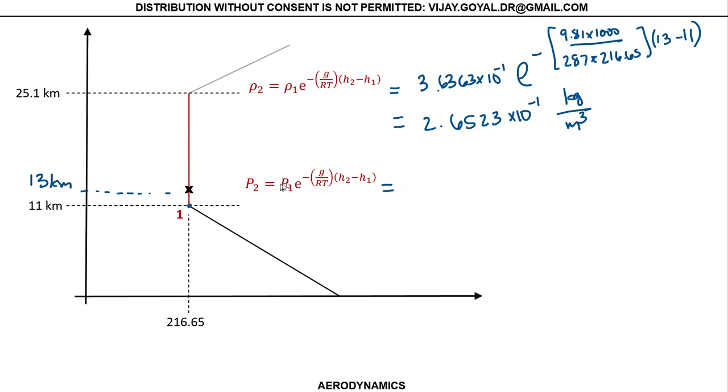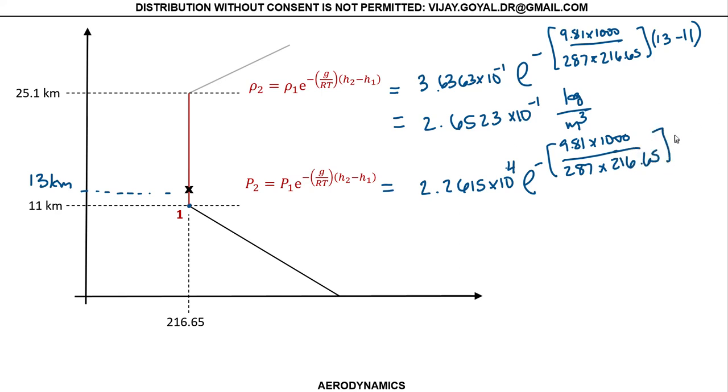And your pressure, that will be P1, the location here, and your starting pressure there is 2.265 × 10^4, times e to the minus 9.81 times 1,000, over 287 multiplied by 216.65, and delta 13 minus 11.